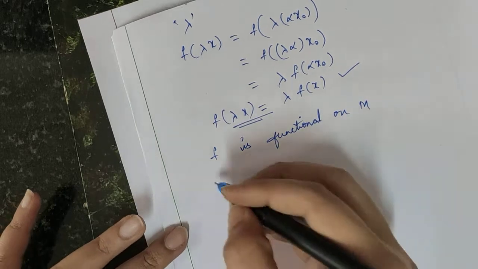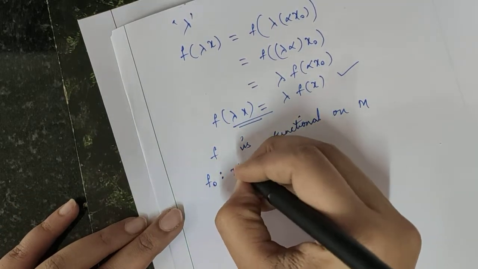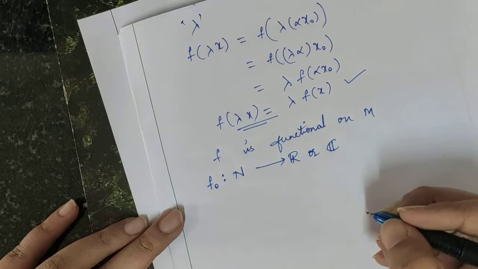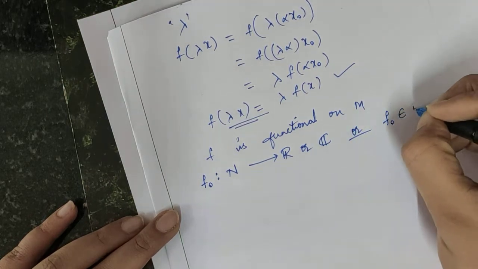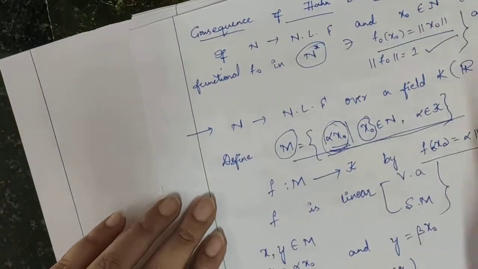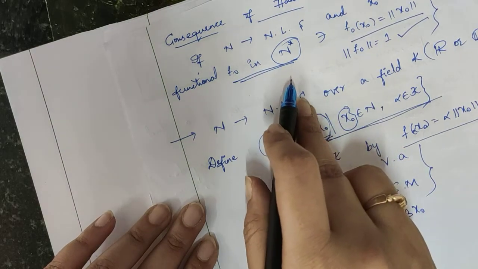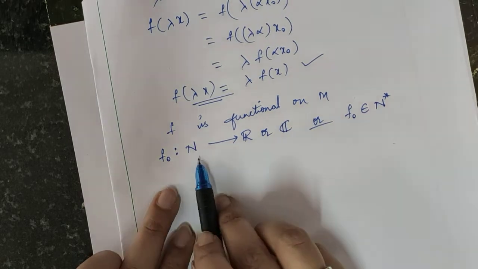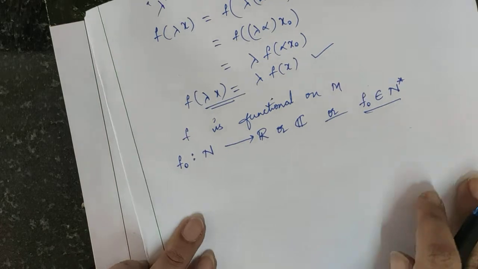I can say that I will consider f naught and it is a mapping from N to R or C, or I can say that this f naught belongs to N star. So here they have given that f naught in N star is the conjugate space of N. So using that we can write this mapping f naught from N to R or C, that is nothing but f naught belongs to N star.